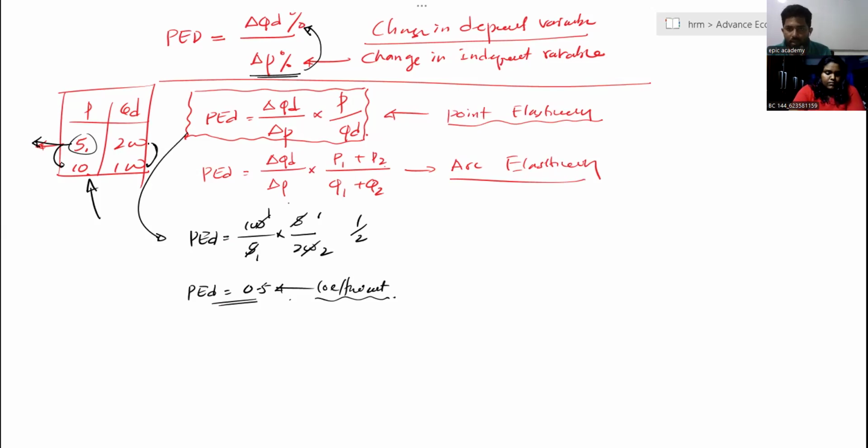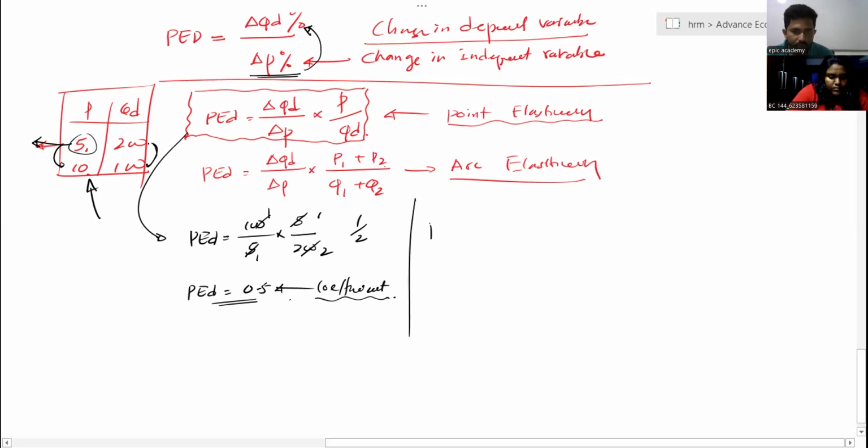Now you calculate the point elasticity. It is 0.5 coefficient. Just calculate the PED by using arc elasticity. Similar amount, similar change in the price, but there is 2 types of prices. P1 is just 5 rupees, P2 is 10 rupees, Q1 is just 200, Q2 is 100.